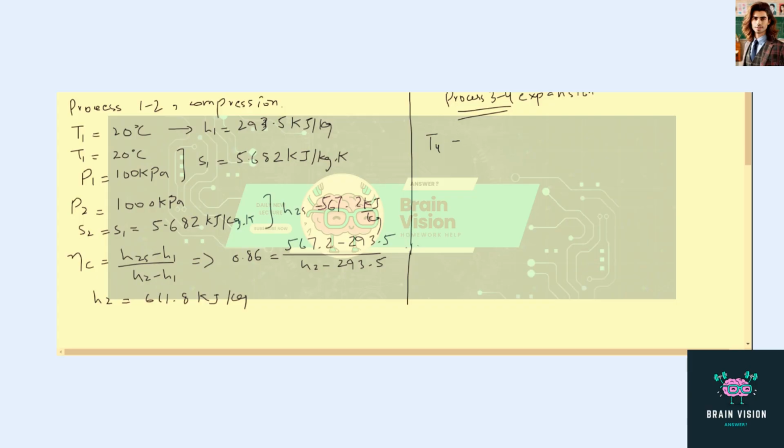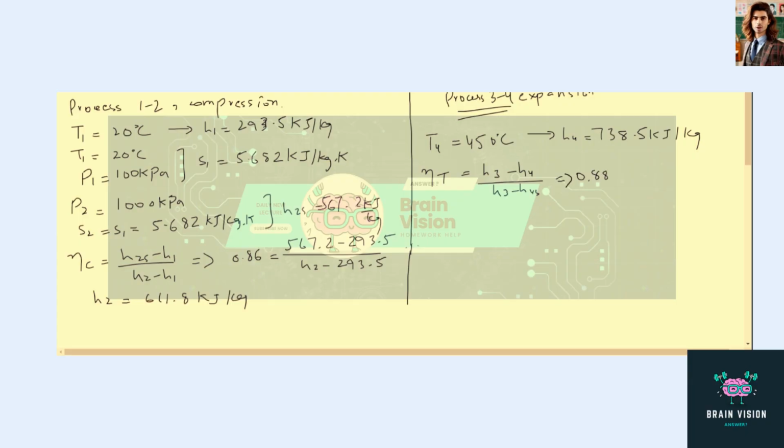Temperature T4 is equal to 450 degrees centigrade, at which the value of H4 is 738.5 kilojoule per kg, and the turbine efficiency is (H3 minus H4) divided by (H3 minus H4s).